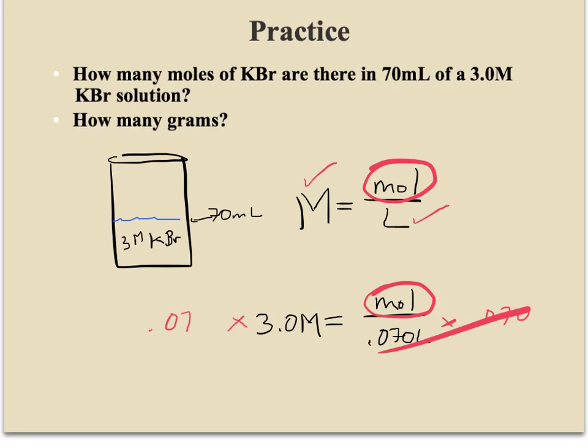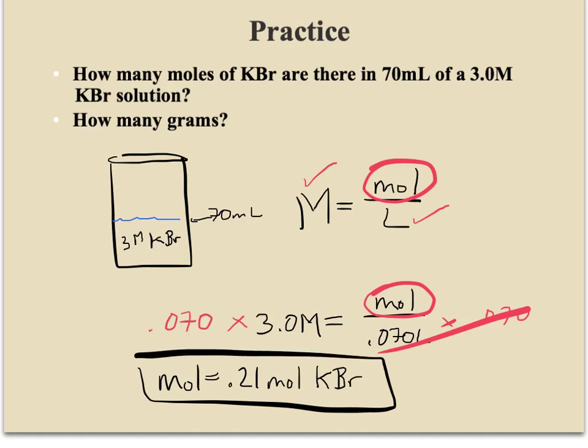We need to multiply it by 0.70 on this side as well. So we rearrange this fun little equation. We solve it for moles, and we find out that there is 0.21 moles of KBr in 70 milliliters of this solution. So that's how many moles there is inside of this beaker right here.